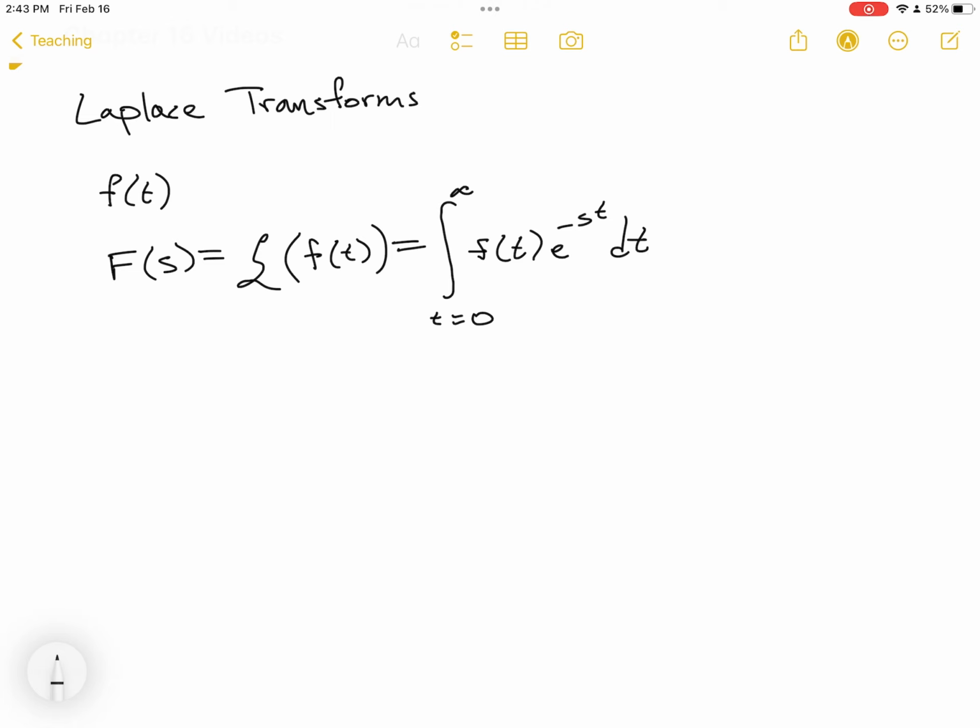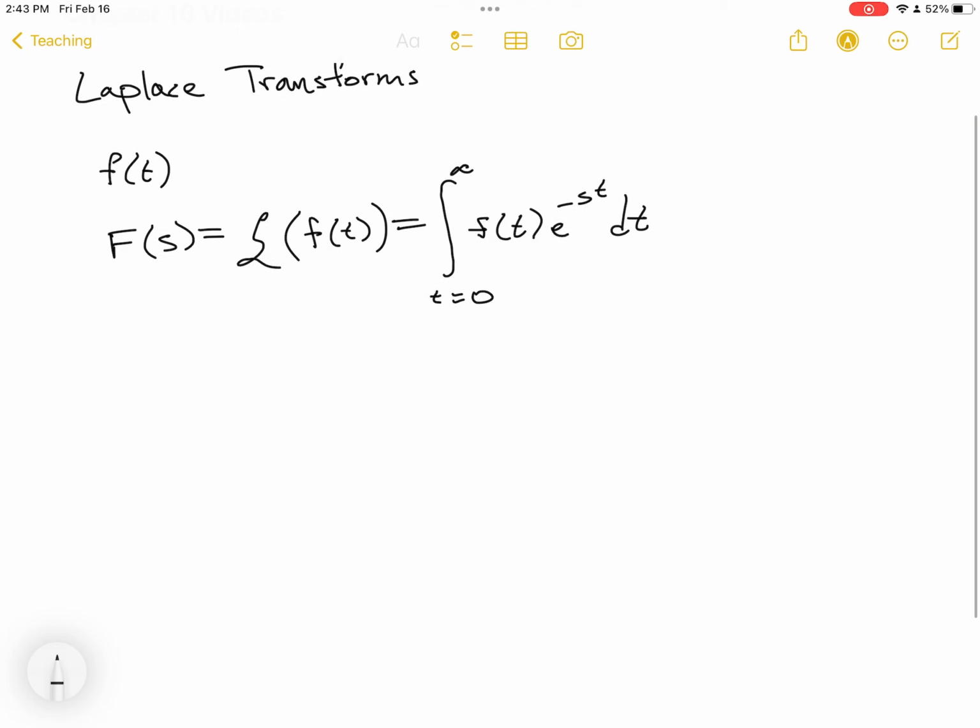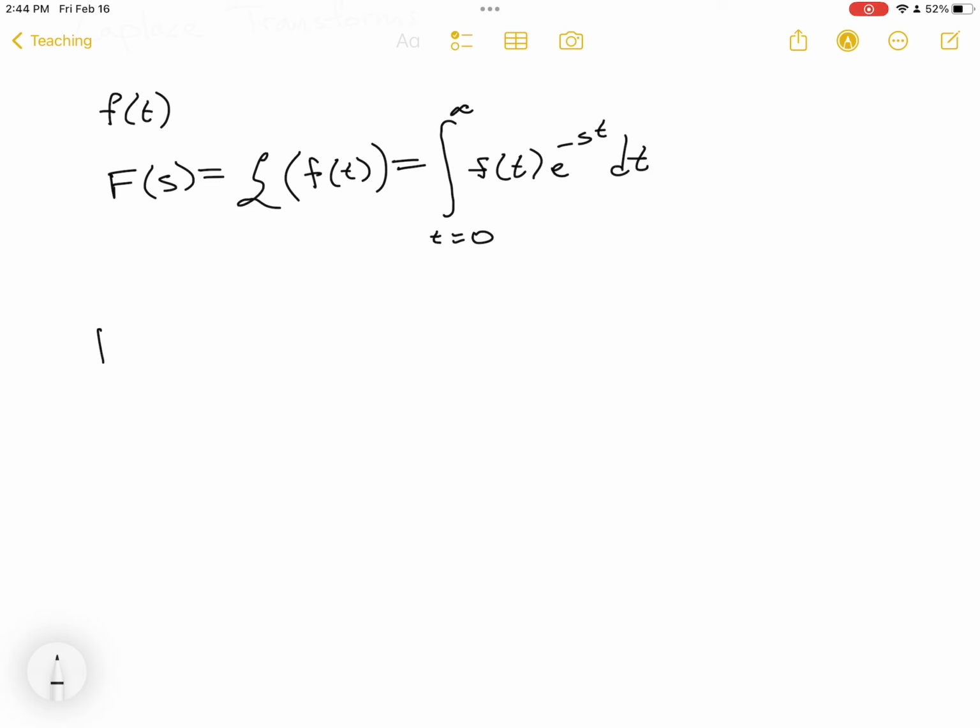And you probably looked up the Laplace of some common functions in a table. What we're mostly going to be looking at is the Laplace of some function f of t, and maybe a derivative f prime of t and f double prime of t. The Laplace of f of t just goes straight to capital F of s.